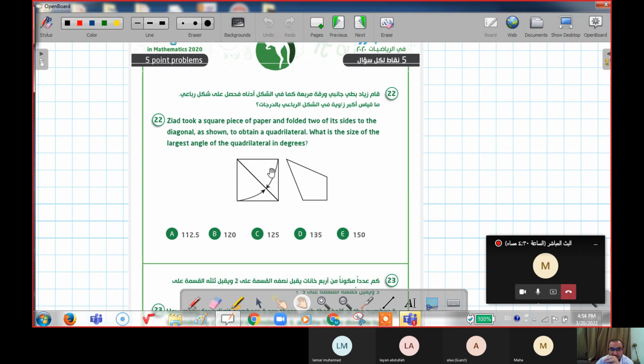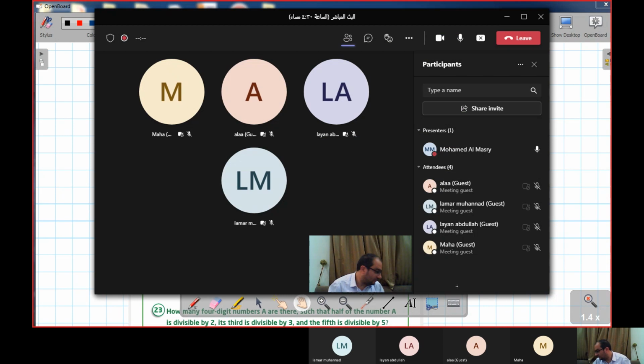And Ziad folded two sides to the diagonal. Let me show you something. This is a square piece.